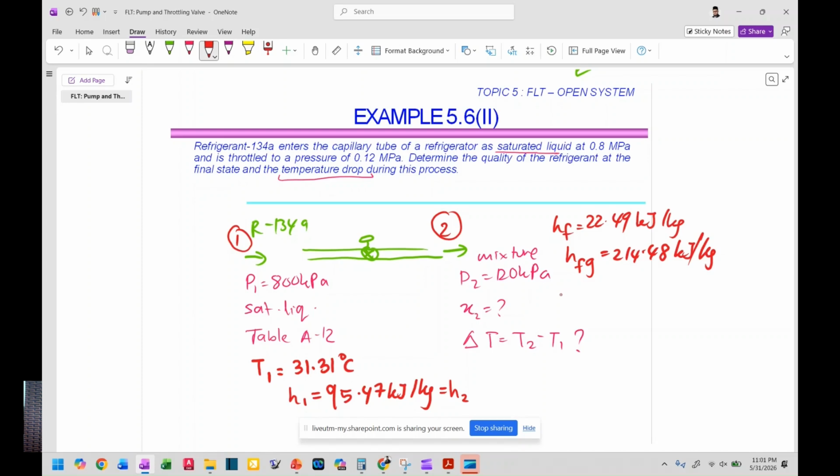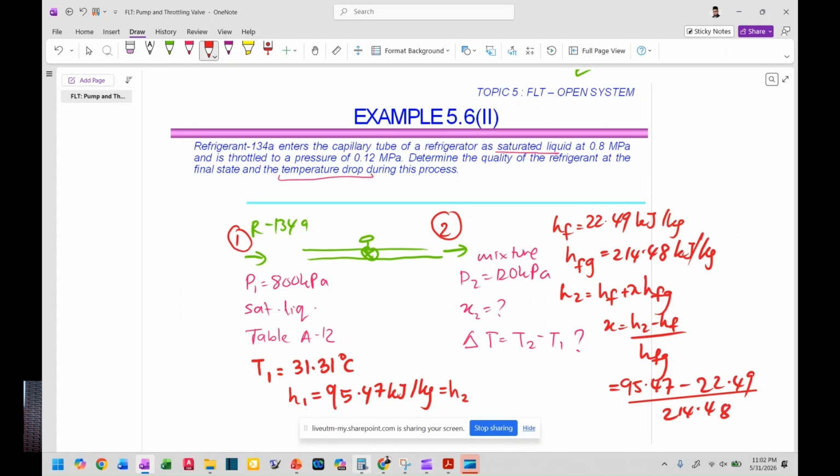And then X, you can solve X with the following equation. H2 equals HF plus X HFG. So X is basically H2 minus HF over HFG. H2 is equal to H1, right? So you can just plug in 95.47 minus 22.49, divided by 214.48.